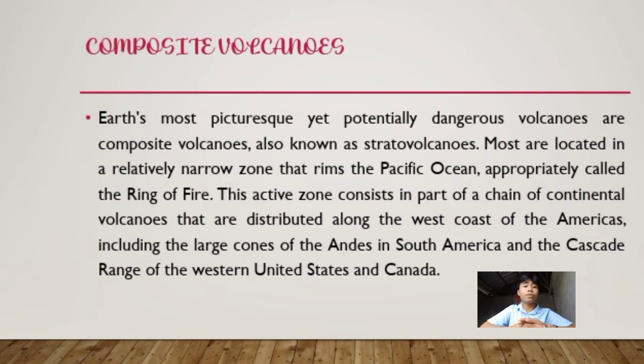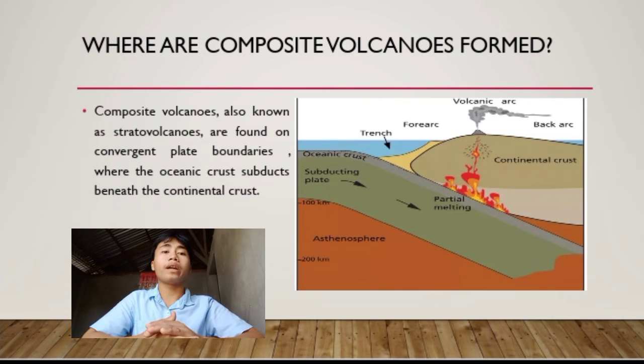This active zone consists in part of a chain of continental volcanoes that are distributed along the west coast of the Americas, including the large cones of the Andes in South America and the Cascade Range of the western United States and Canada.